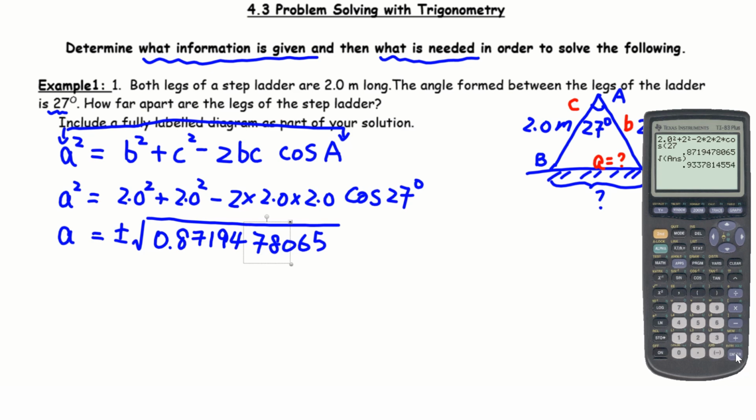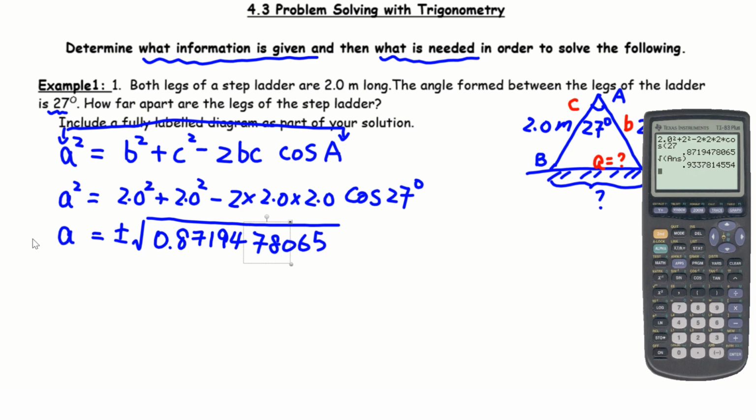So a is approximately 0.93 if we keep 2 decimal places. The next digit is 3. If it's less than 5, we round down. If it's 5 or above, we add 1 to the second decimal place, so it would be 0.94. But this one is 3, so we round down.